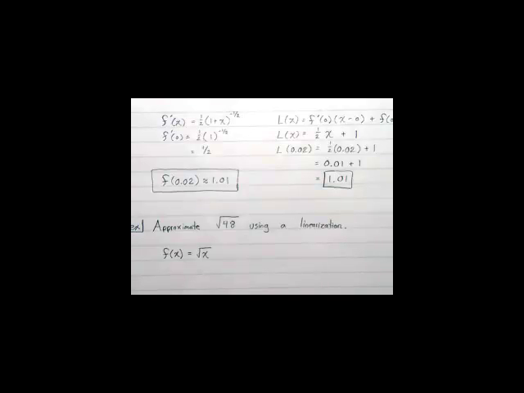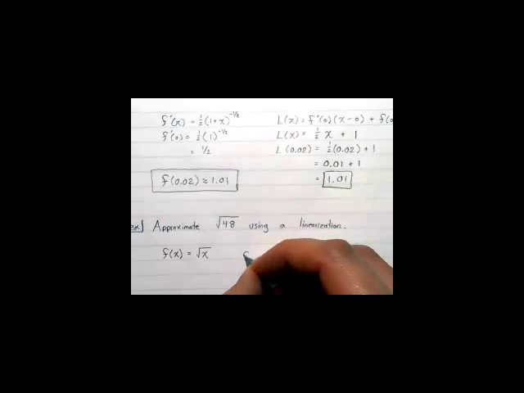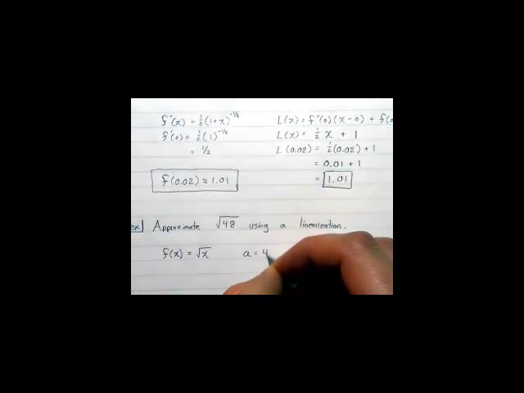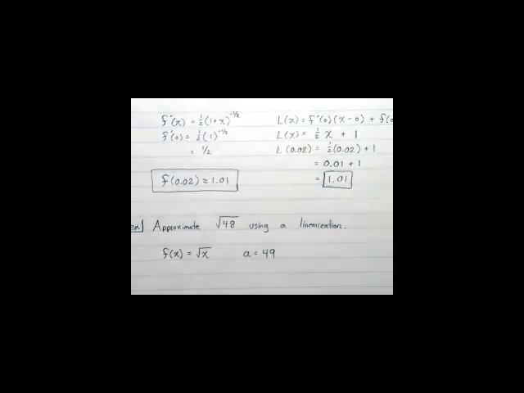We know how to do the square root of 49. So our a should be that. It's the number that when you plug it in is the one that you know that's really close to the one you actually want. So 49 should work. Okay. So we're going to do a linearization of square root of x at 49. Okay, so that's going to be our process here.